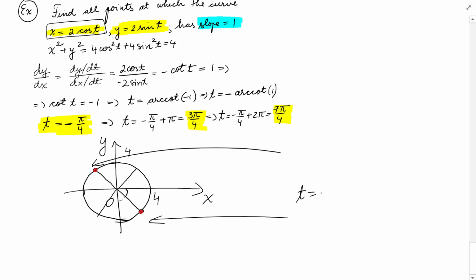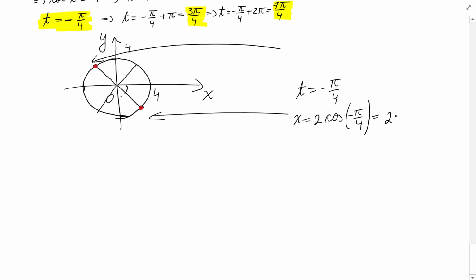So for t equals negative pi over 4, x equals 2 cosine of t, so 2 cosine of negative pi over 4. So it's 2 times cosine, it's an even function, so cosine of negative pi over 4 equals cosine of pi over 4, which is square root of 2 over 2, so it's square root of 2.